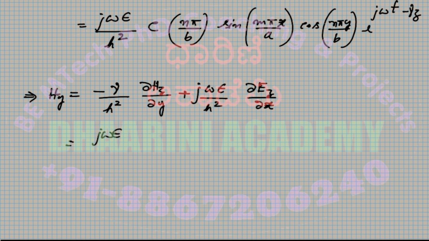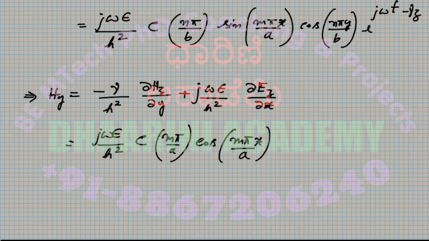j omega epsilon divided by h square c times m pi by a cos m pi x by a, because differentiation is with respect to x and y is a constant, so the second term is as it is, sine of n pi y by b into e to the power j omega t minus gamma z.